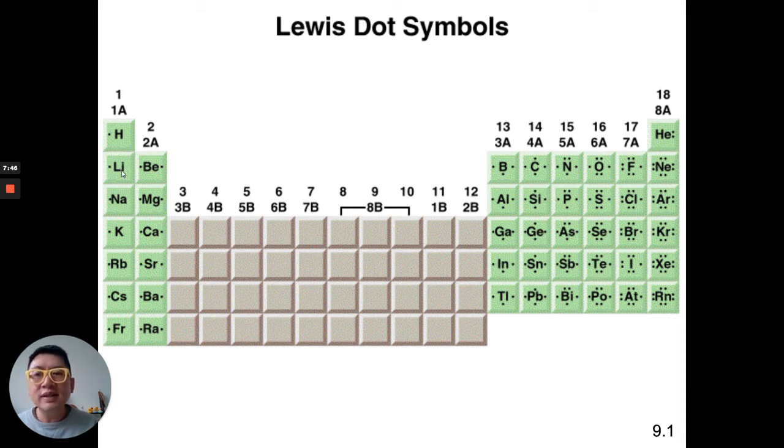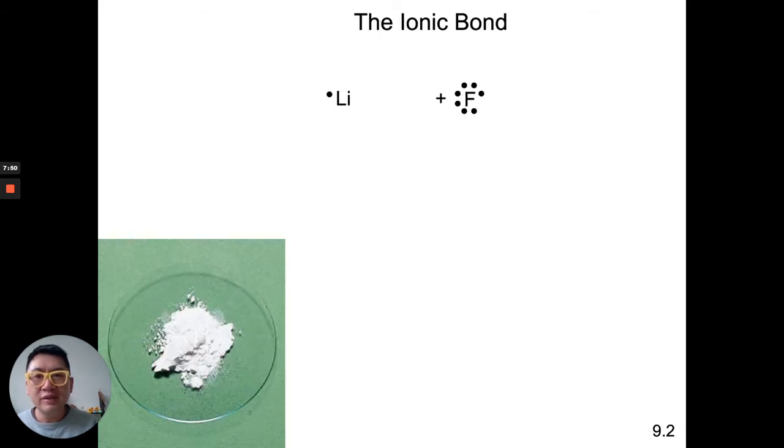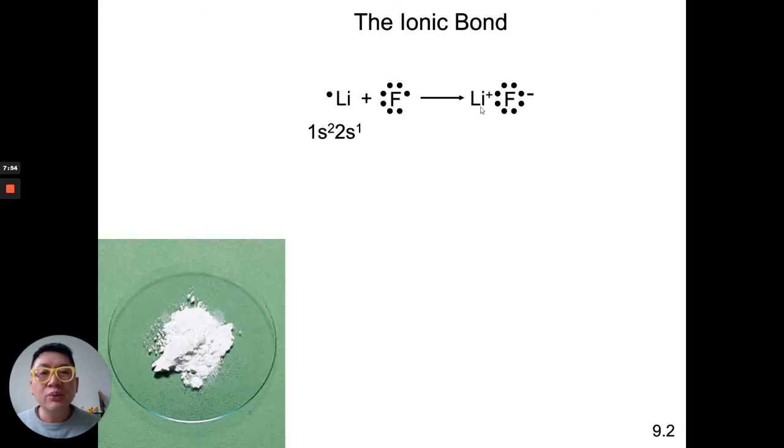So if lithium loses an electron to become positive, which electron does it lose? It'll lose that 2s1, to just be 1s2. So if this thing loses an electron, it'll be just 1s2.